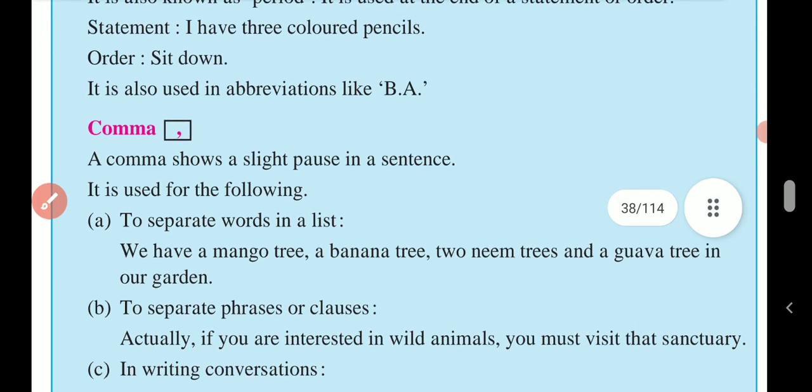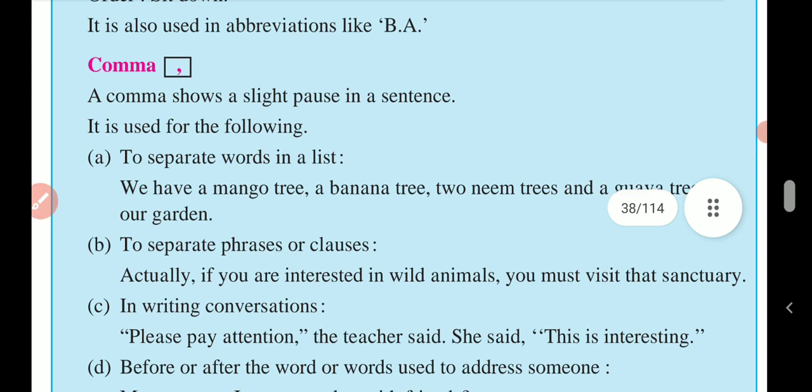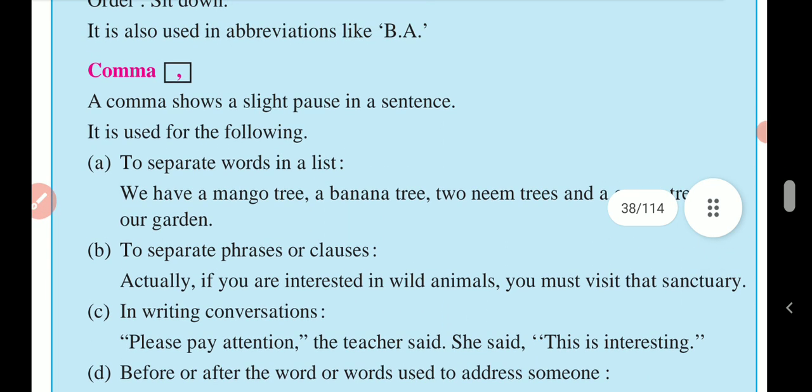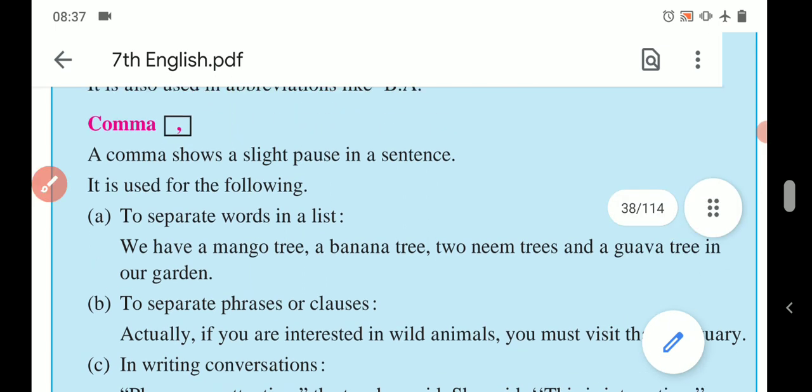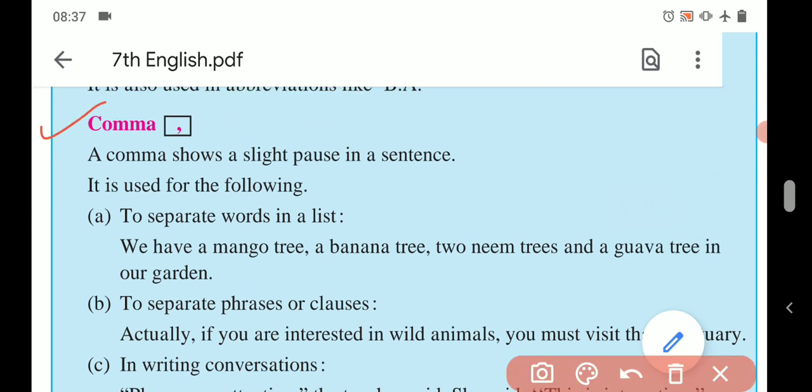Next punctuation mark given here, it is comma. Its symbol or that mark is given in this rectangular box. Let us see some information given below.